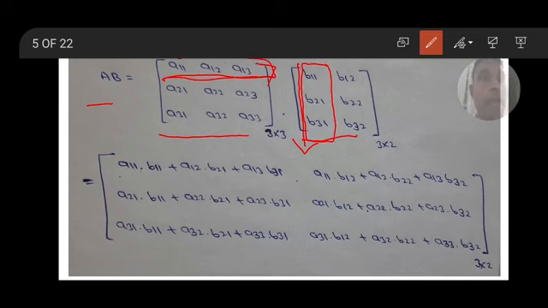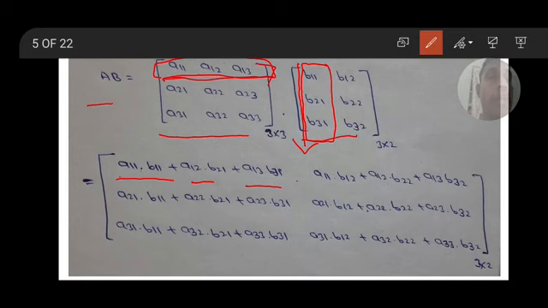We multiply the corresponding elements and add: A11 into B11 plus A12 into B21 plus A13 into B31.